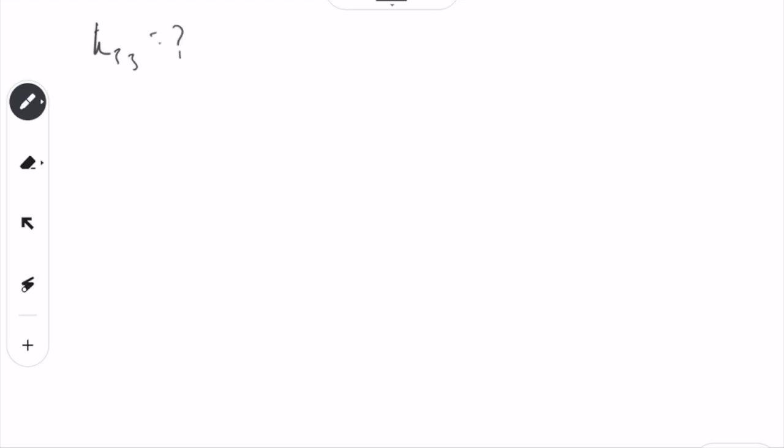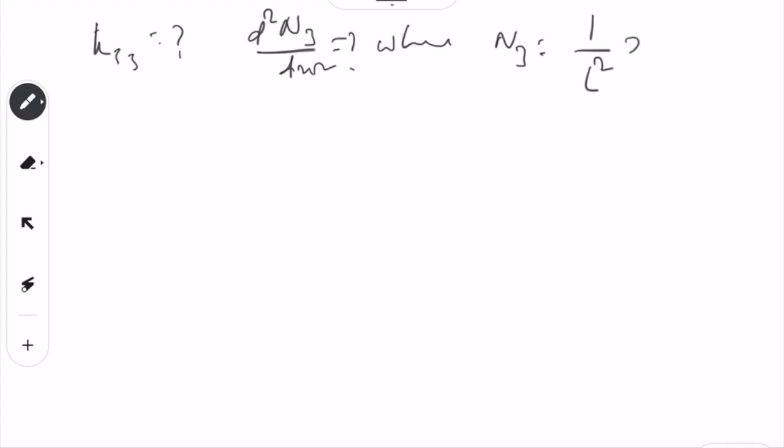K33 equal to what? For that we have to find d square N3 over dx square, where N3, as we know, is equal to 1 over L square times x times (x minus L) square.